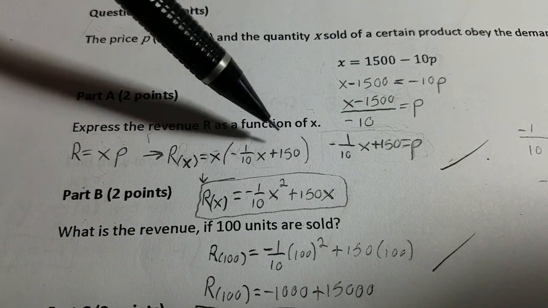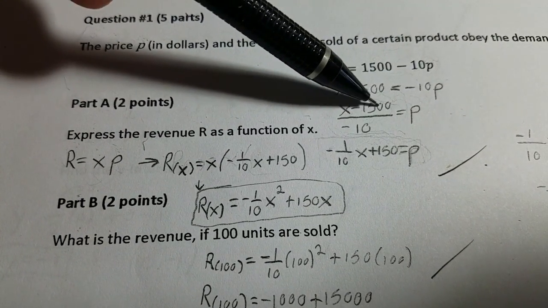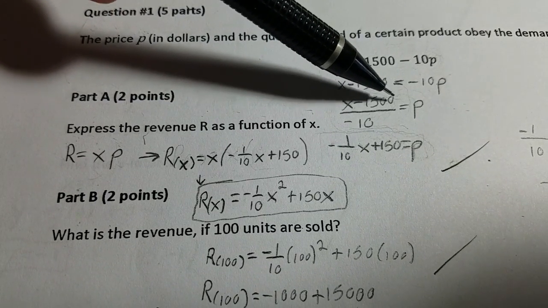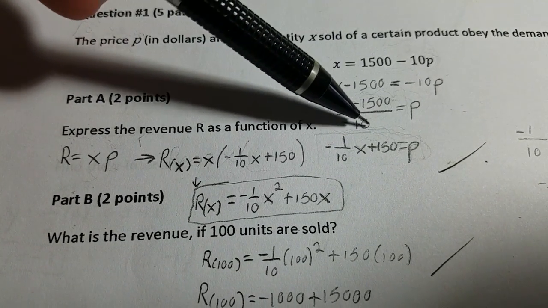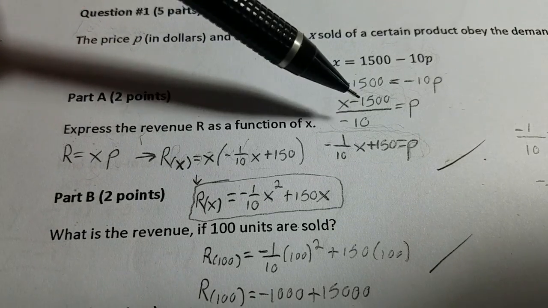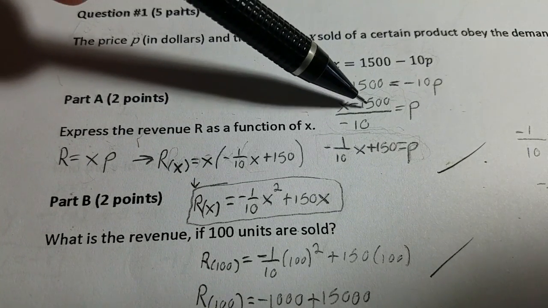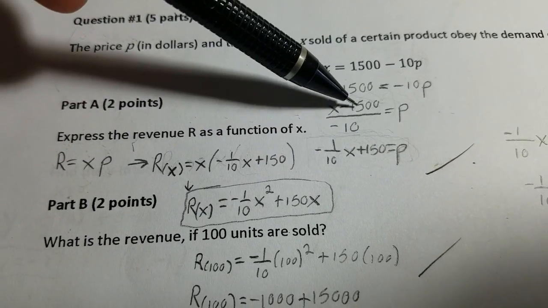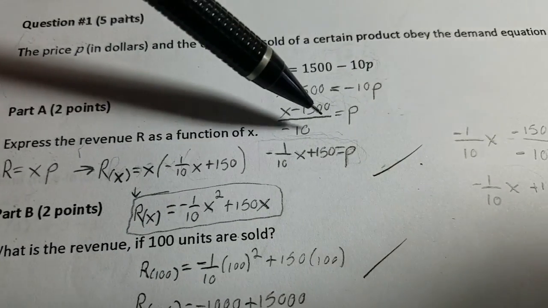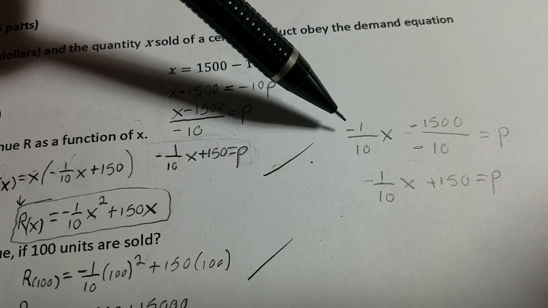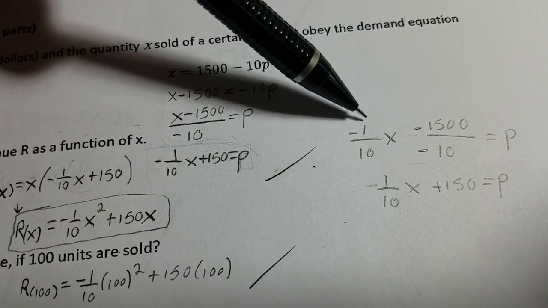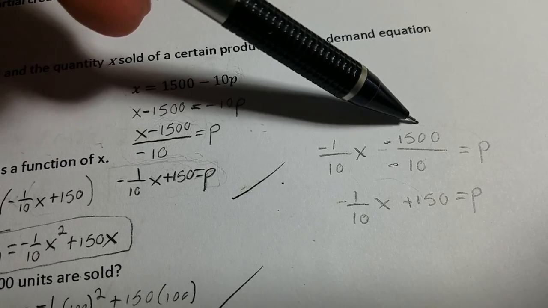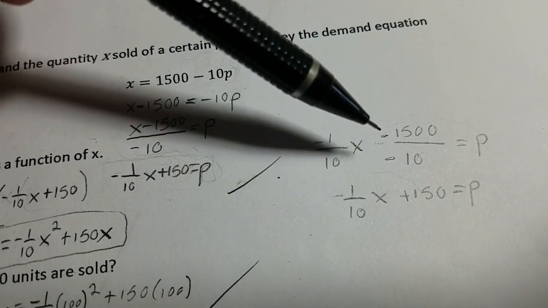But since I already know P, I can use the numbers that I have here. However, I don't want to use it this way because it looks more complicated. So I will rewrite this expression into this form here. If you want to know how to go from here to here, all you have to do is divide -1/10x minus 1,500 divided by 10 by -10, right?